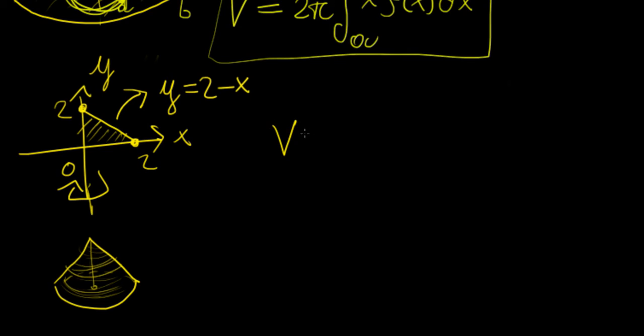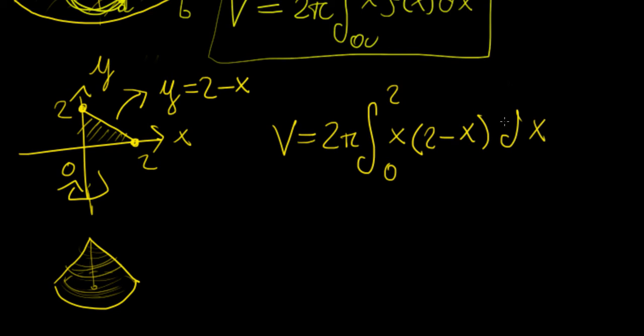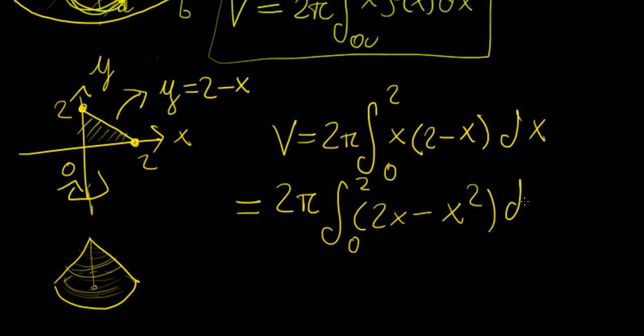So let's apply our formula. It is 2 pi from 0 to 2 of x times the function of x, which is 2 minus x, dx. Let me just expand this out before integrating. This is going to be 2x minus x squared dx.